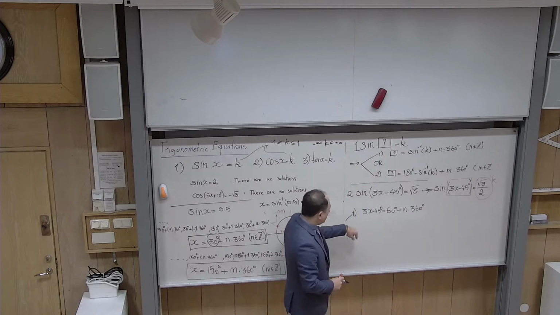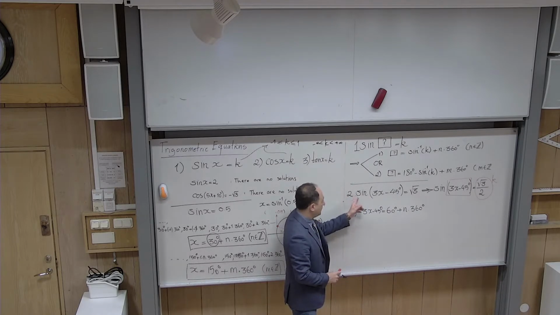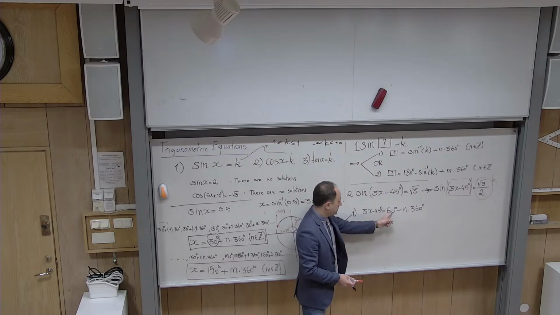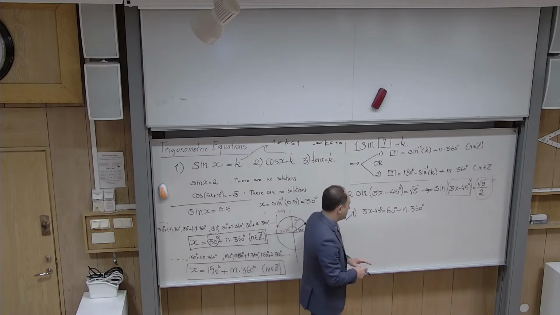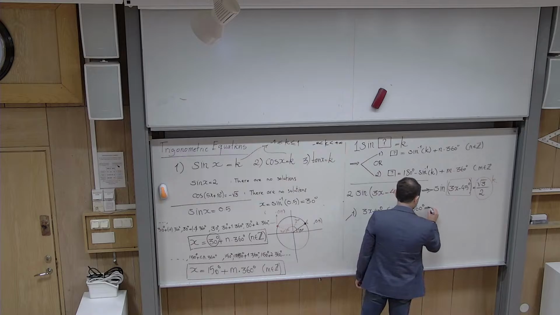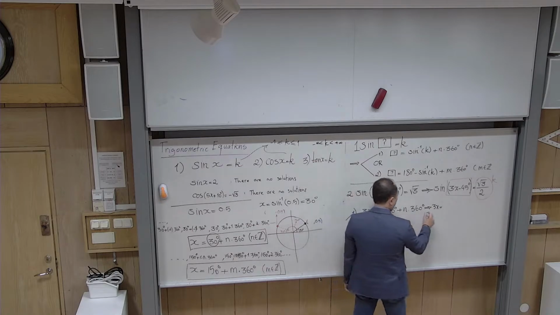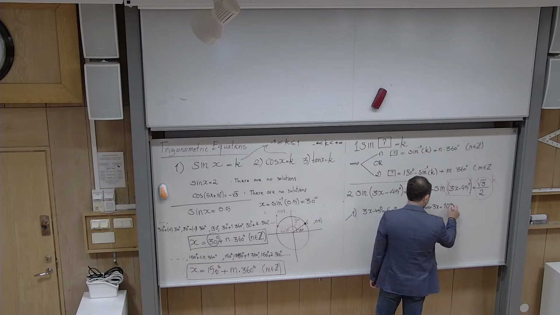But it is not finished here, because in the equation I am looking for x. It means that I have to make x alone. This equation is a standard equation. There is no sine or cosine involved in that problem. I want to find x, so I move this to the other side and then divide everything by 3 as usual. So this becomes 3x. I move this to the other side, it becomes positive 45, so it becomes 105 degrees.